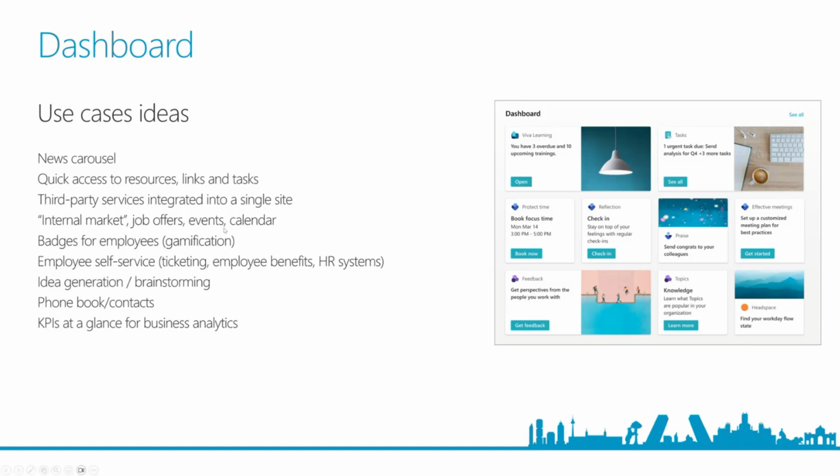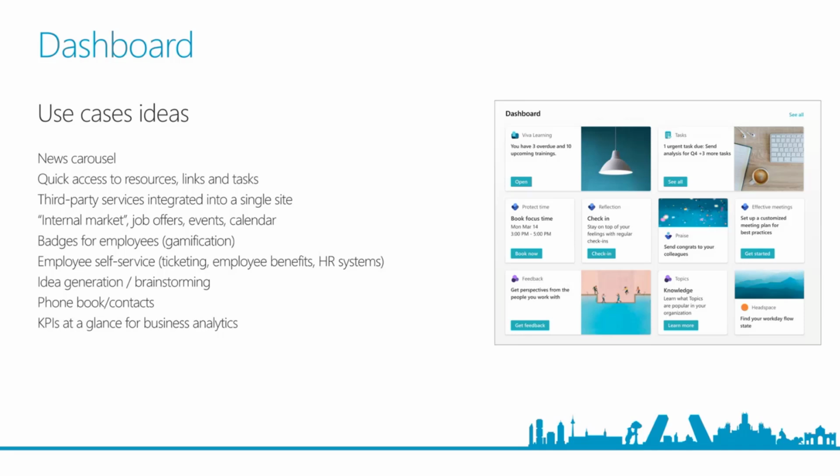I have a small list here with some ideas of what you can put in that dashboard. Some news carousels, quick access to resources like links or tasks in Planner or whatsoever. We can even integrate third-party services with custom APIs and custom content from outside of the company.